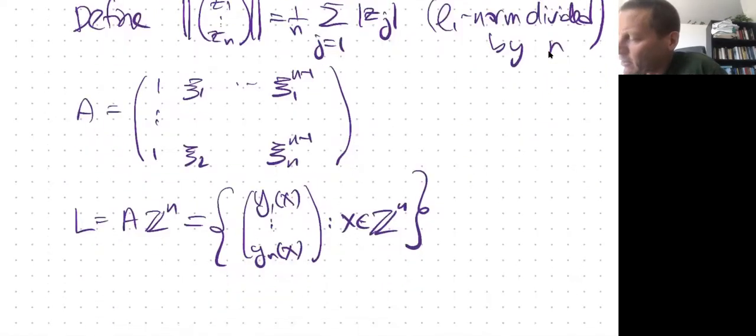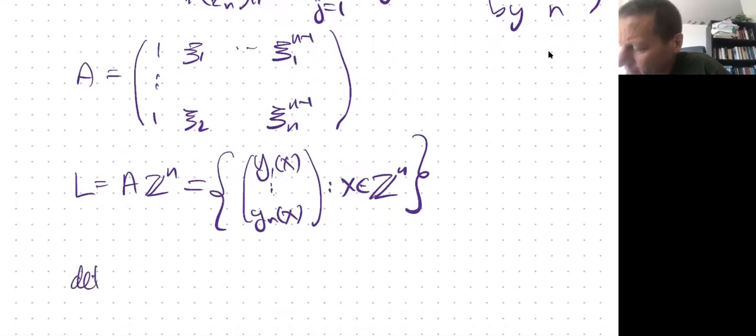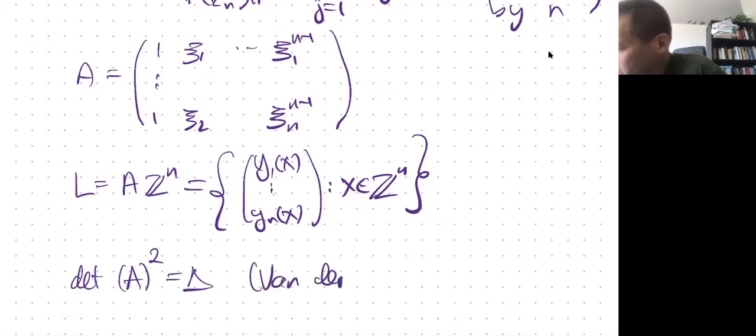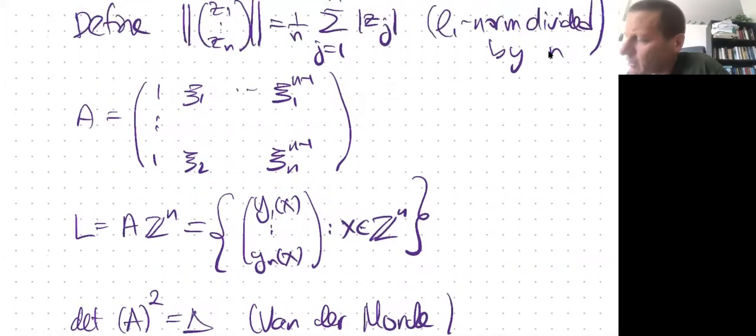And the determinant of A squared is delta. This is a Vandermonde matrix. If you look at the rows, every element in a row is obtained by multiplying the previous entry by some number.